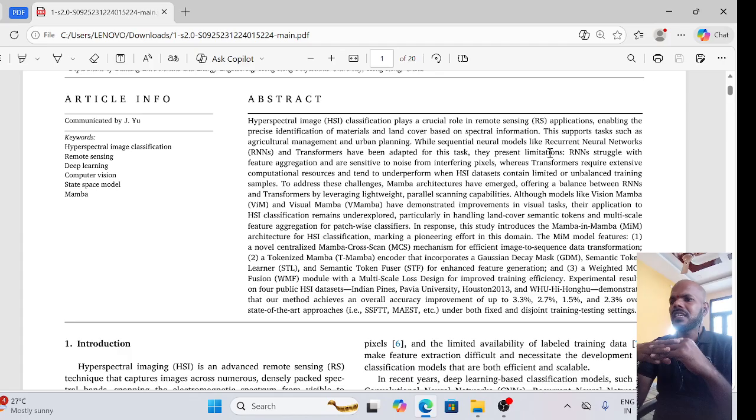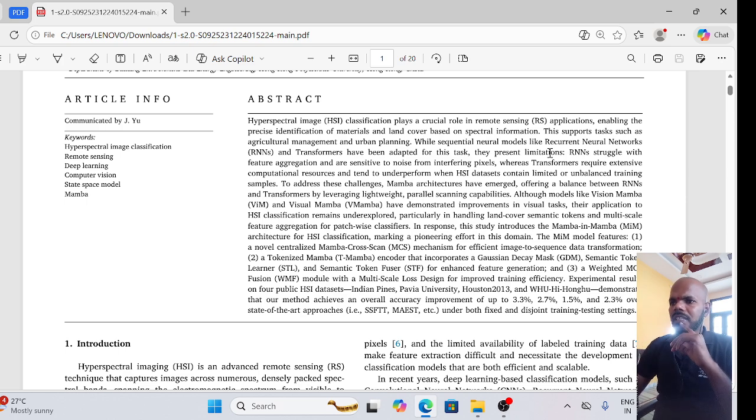First, they give the introduction. Next, they state the problem in hyperspectral image classification with deep learning. What is that limitation? RNN struggle with feature aggregation and are sensitive to noise, and transformer require extensive computational resources. So they are discussing two limitations of RNN and transformer.